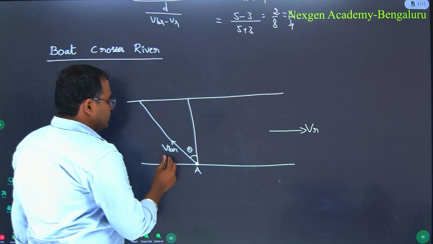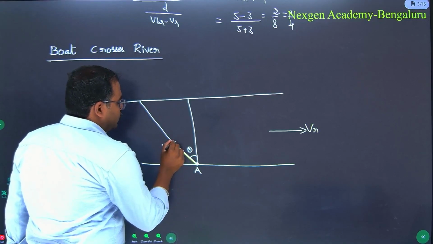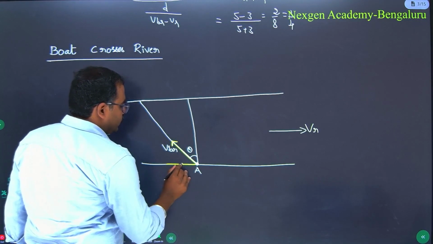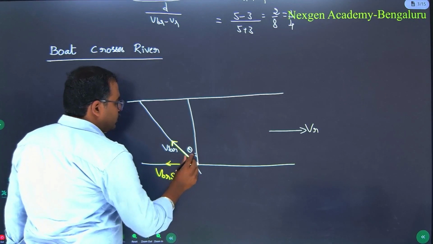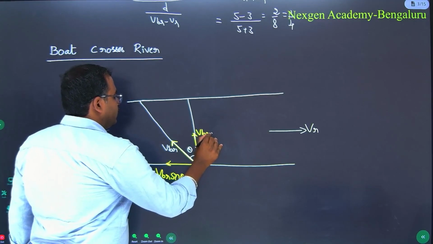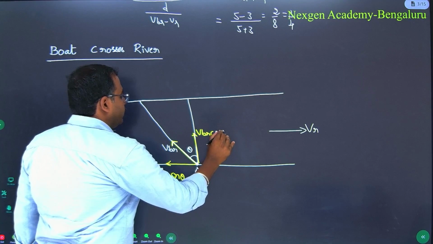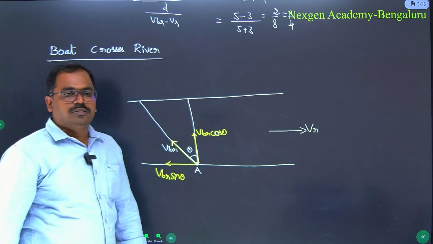One is VBR sin theta, and the other is VBR cos theta.